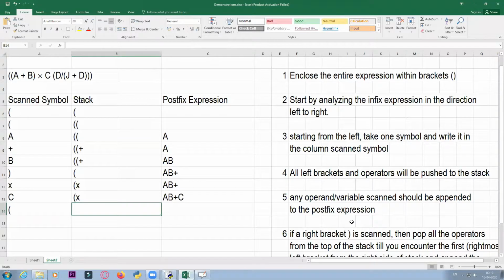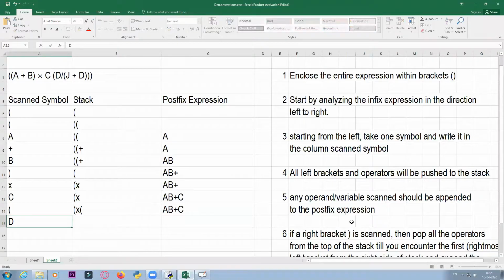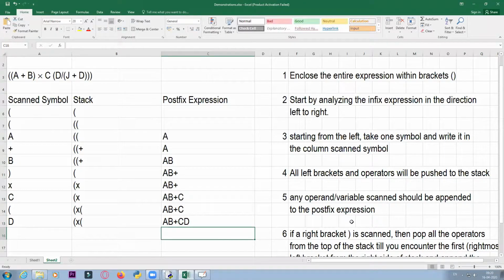So now over here my stack would be first left bracket, then whatever is there in the stack. You remember, you cannot disturb the stack without following the rules. So now whatever is encountered, that will be pushed over here, AB plus C. After this we have a D, so AB plus CD will be there, and after D we have a division sign.